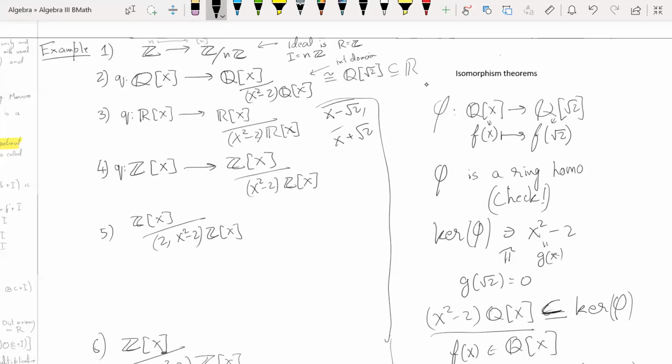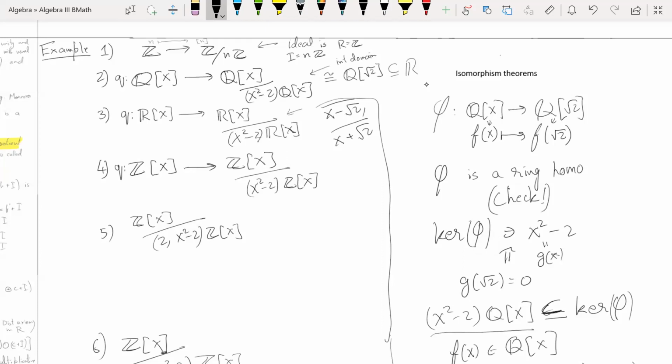They are polynomials with real coefficients. The point is these polynomials don't exist in Q[x], but they exist in R[x]. They are linear polynomials, so they don't lie in the ideal, but their product lies in the ideal. So this is not an integral domain.